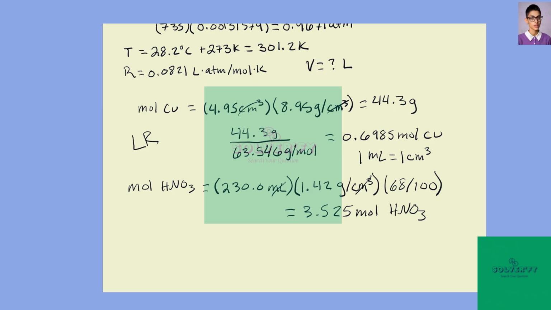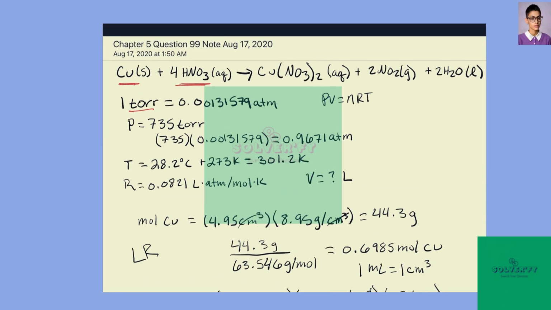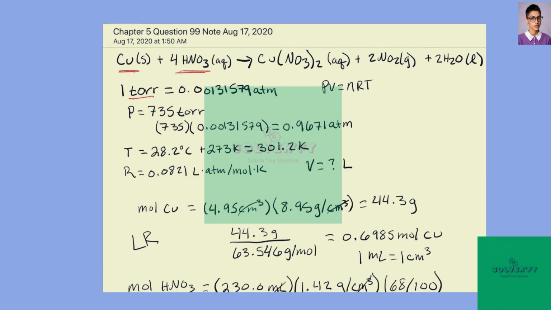Alright, so now that we know our limiting reagent, we can find the moles of nitrogen dioxide. So moles of nitrogen dioxide, and we're going to use the moles from our copper since that's our limiting reagent. So 0.6985 moles. And if we go back up here to our chemical equation, we see that when we have 1 mole of copper, we get 2 moles of our nitrogen dioxide.